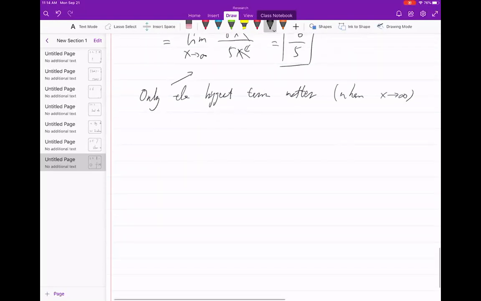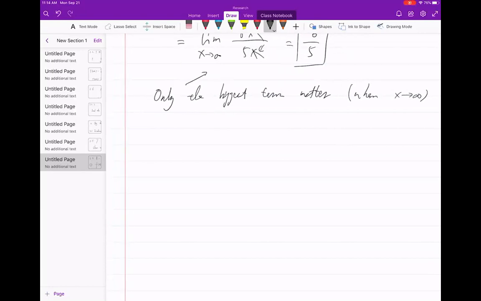Okay. Now, I won't show all the details. I will just do some examples really quickly to see what's going on. Number 2. What's the limit as x goes to infinity of (x minus 1) to the cube, (x plus 2) squared, divided by (2x minus 3) to the fourth times x?